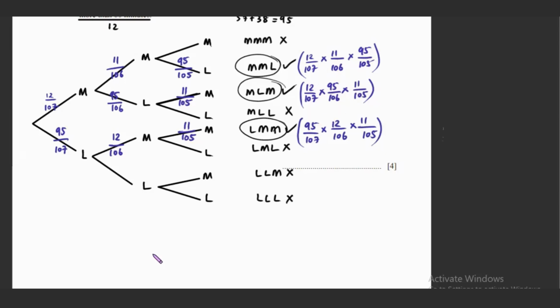That's the only difference. So simply, it's the same thing, but it's written 3 times. So I can just write 12 over 107 times 11 over 106 times 95 over 105. If I find this answer and if I multiply by 3, I'll get the probabilities of all three together. So that is what we are going to find.